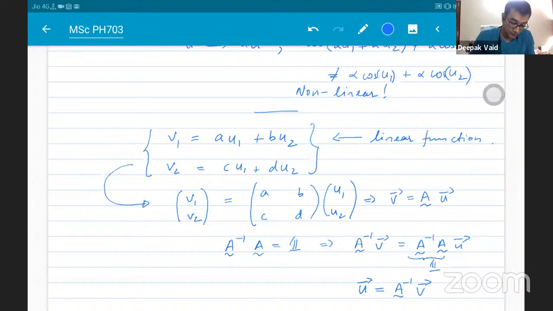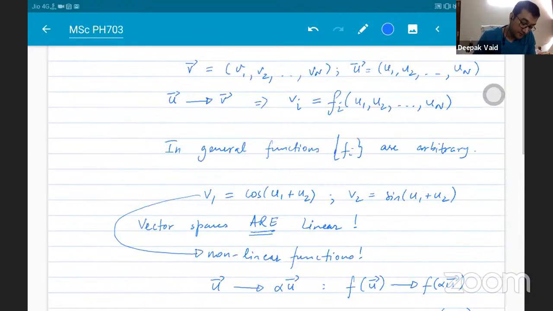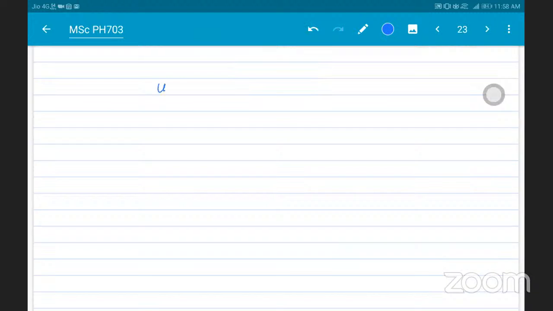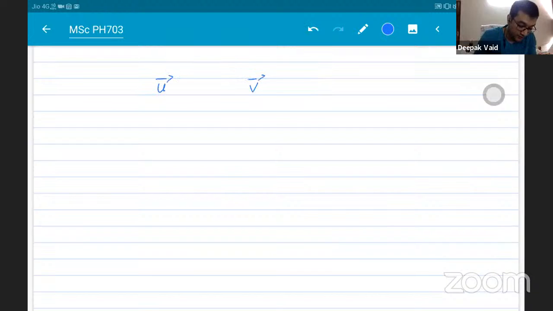So these two, this is how you go from V to U? From U to V, you multiply by A. How do you go from V to U? You multiply by A inverse, right? So we have two vectors, U and V. To go in this direction, we multiply by A. To go in this direction, we multiply by A inverse.